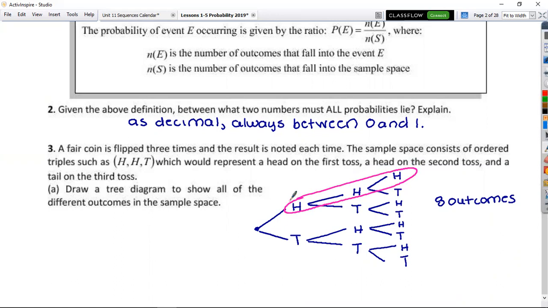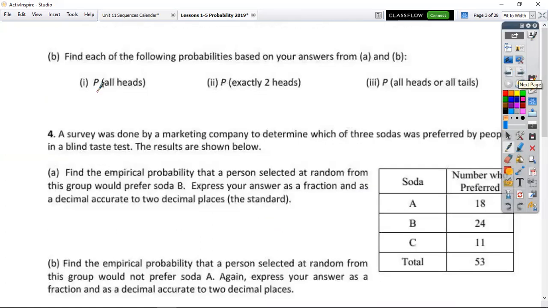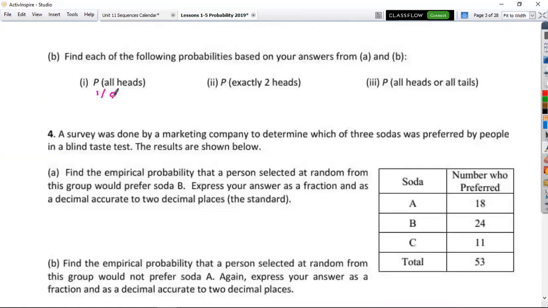Are there any more? Nope. So for part A, you're going to say 1/8. And 1/8 as a decimal is what? 0.125. So this was 1/8, equivalently 0.125.